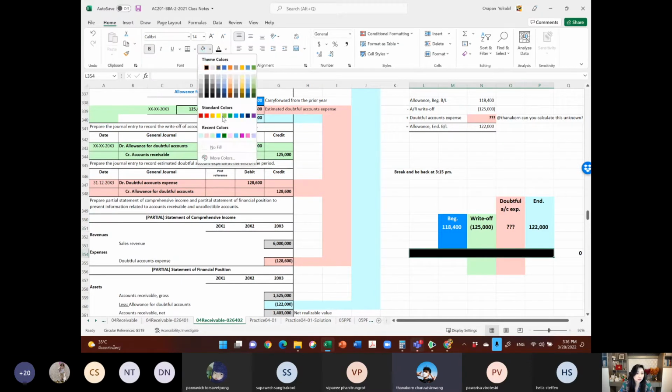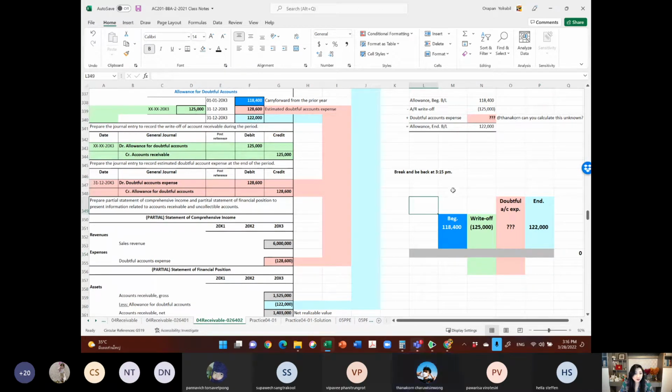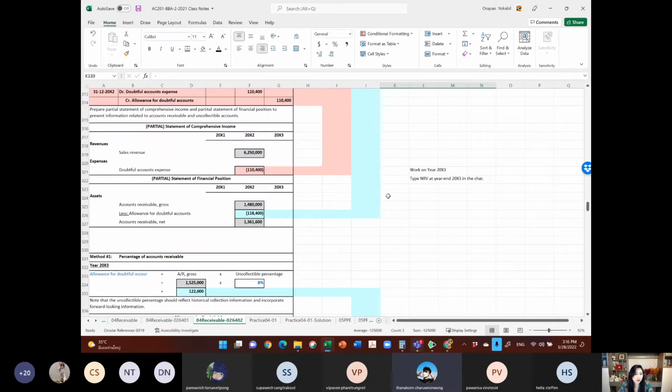If we write off the accounts receivable, what happened to the balance of the allowance? Do you have more allowance or you have less allowance? More. Okay, so we have to go back to this one, all right?